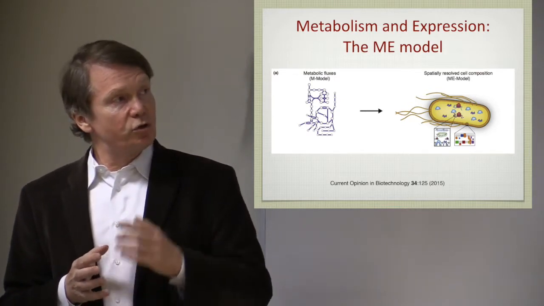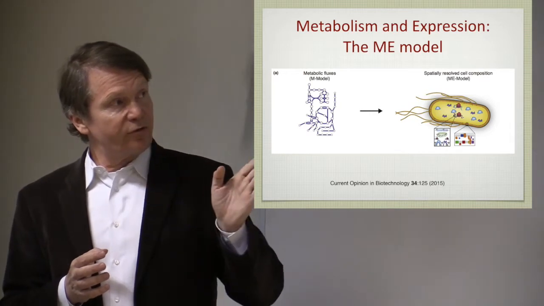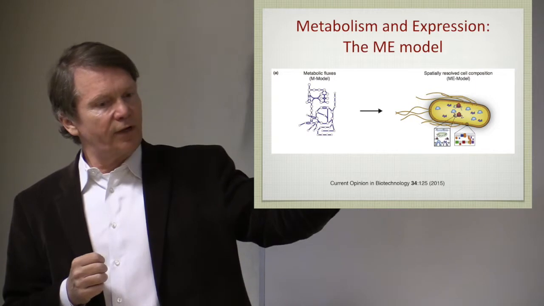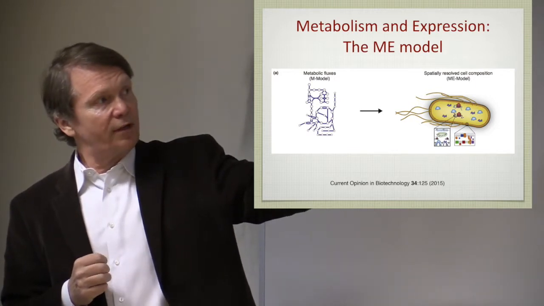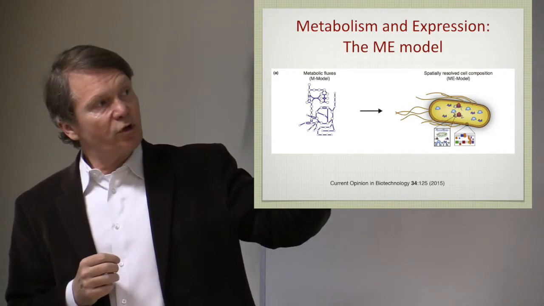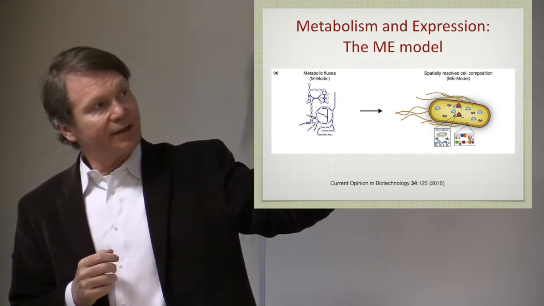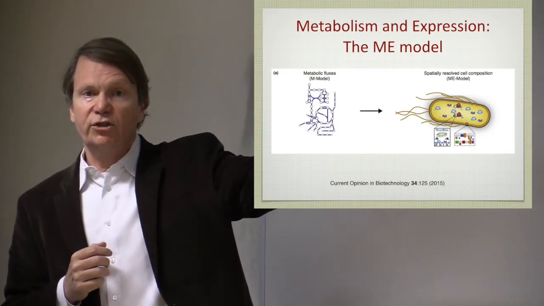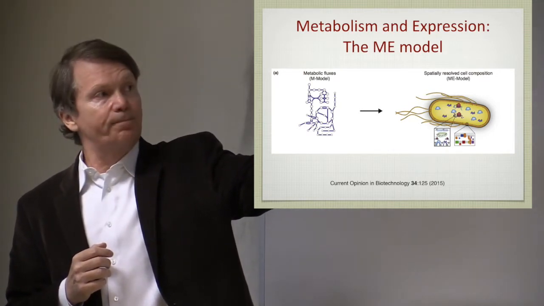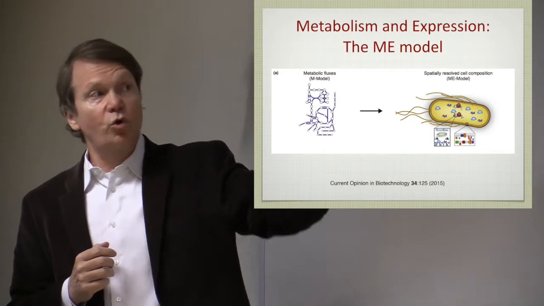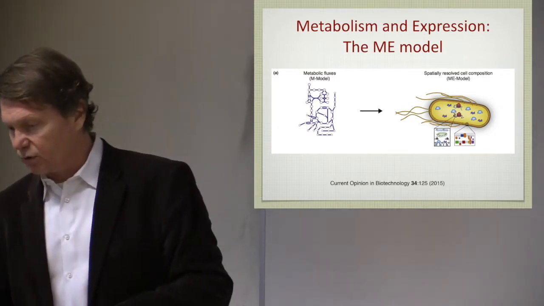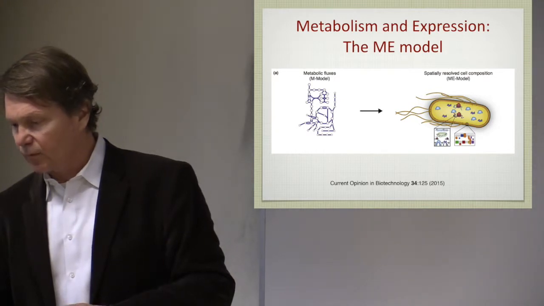And the reconstructions and models based on them that we've been talking about are typically thought of as networks like shown on the left here that you may see in a textbook. But what we are going to be talking about now is a model that actually calculates the full proteome of a cell in addition to the metabolic network. And this starts to open up all sorts of possibilities like the three that I mentioned earlier.